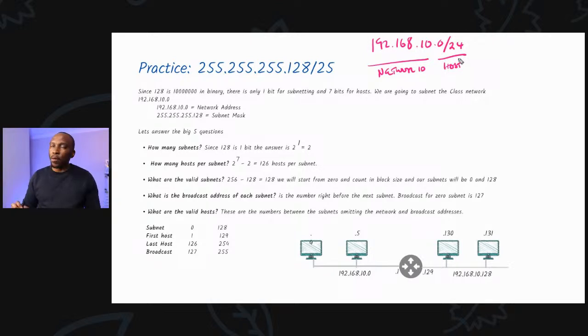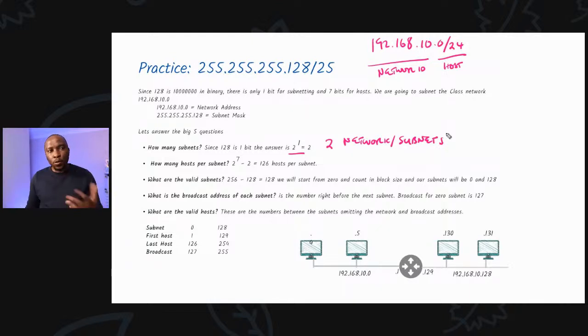So our first question is 2 to the power x, where x is the number of borrowed bits. And in our case, we're borrowing 1 bit. So 2 to the power 1 is equal to 2. So when we borrow 1 bit, we create 2 networks or 2 subnets. And what are the number of hosts that we have on that subnet?